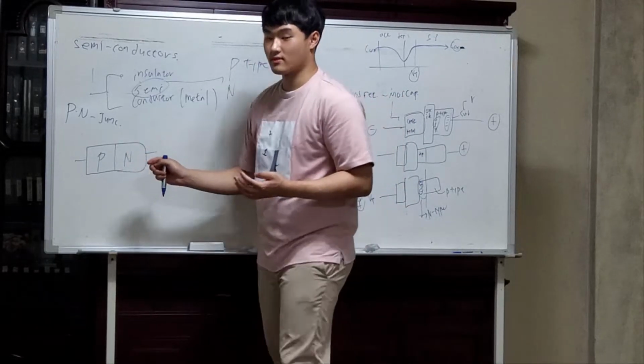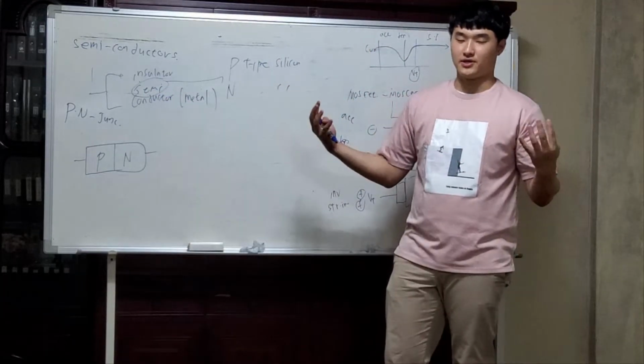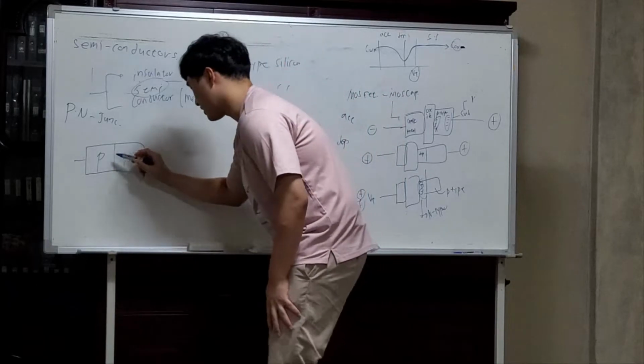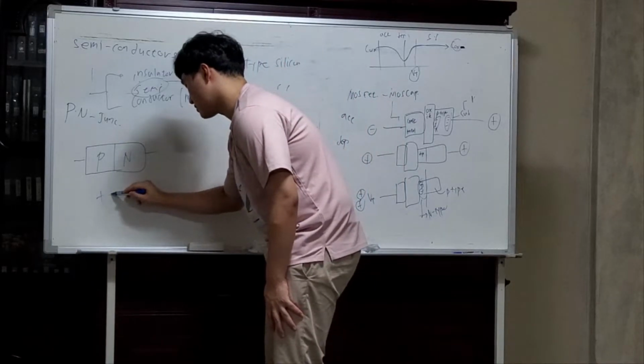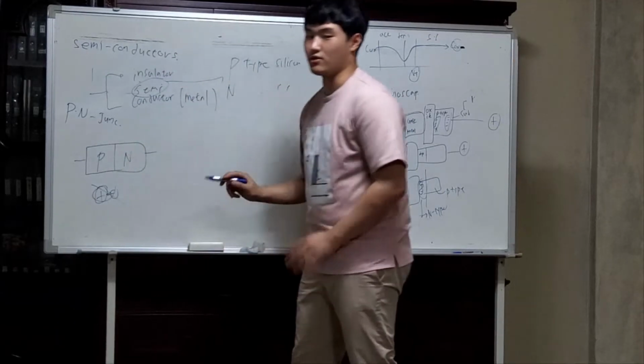After this, the electrons will move to the P side and cause recombination, which means holes and electrons will assemble and they will be gone.